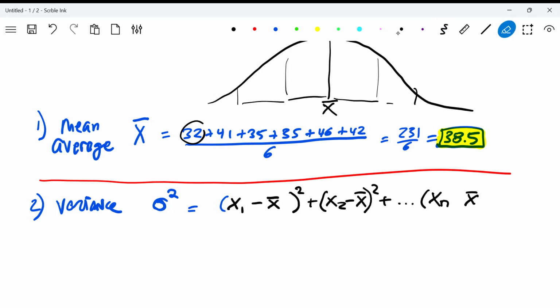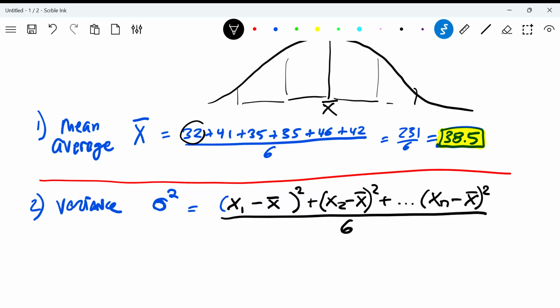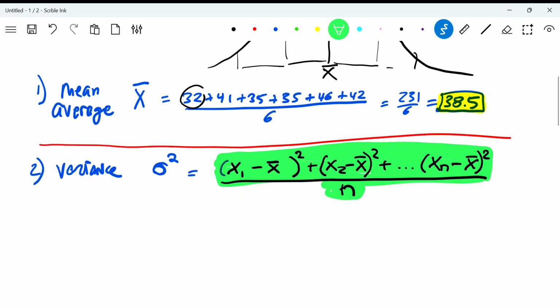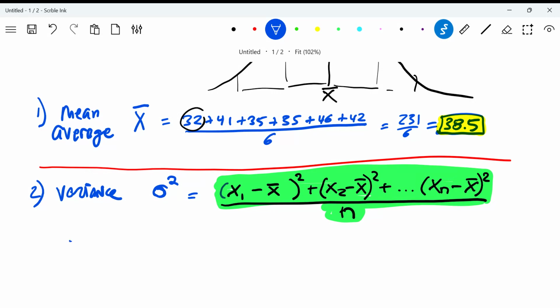Subtract the average, square it, and all of that divided by how many there were. In this case it was 6, but we'll write n. This is like the algebraic steps to do it. There are a couple of other ways to show it, with summation notation and the square root itself to show the standard deviation. Now we're going to do that with these actual numbers.